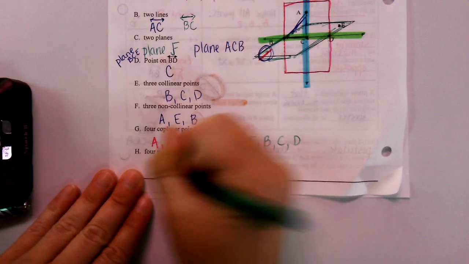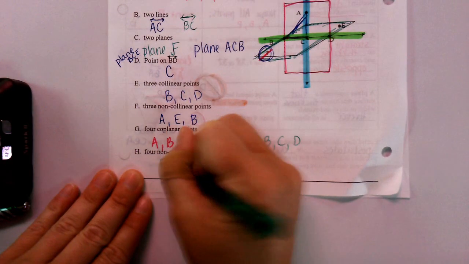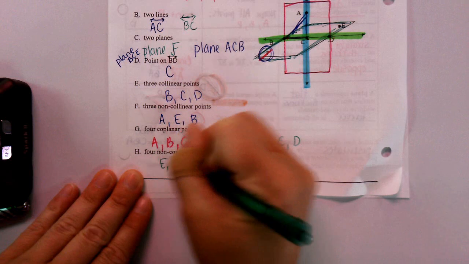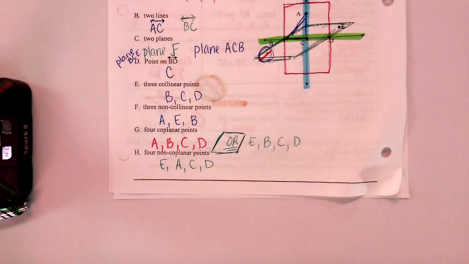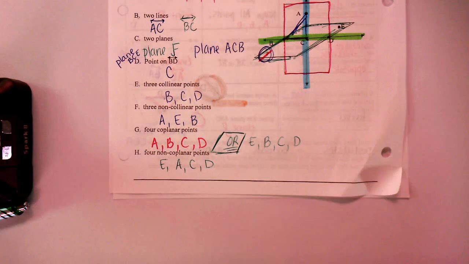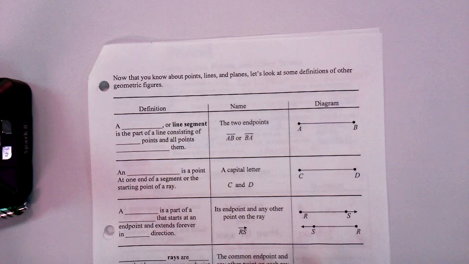So we have E in the green, and then A, C in the pink. There's also another answer for that too, but we're going to keep rolling so I can give y'all some good time for homework.